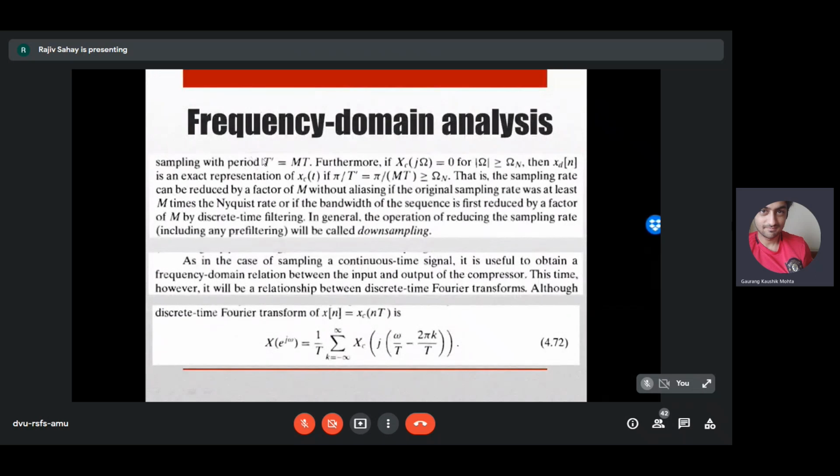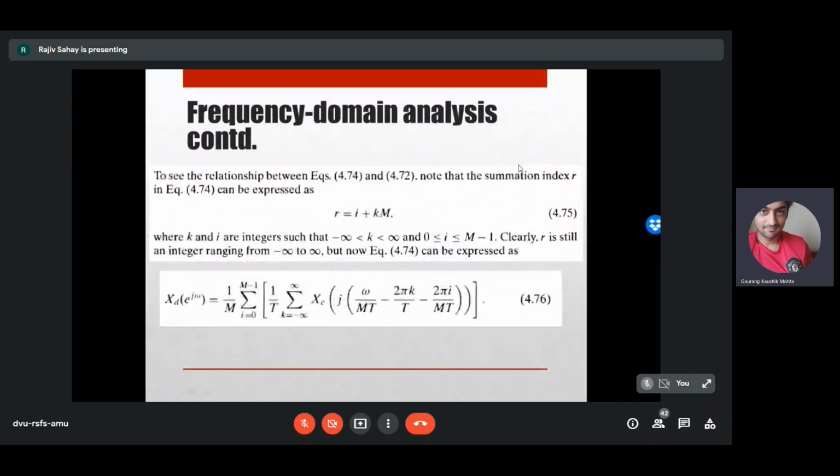So our new sampling time period is T' equal to M times T. We are now moving into the frequency domain analysis. We have understood in the time domain what is happening in decimation or downsampling. In the frequency domain, what happens? Suppose we have taken a band limited signal, Xc(jΩ) equal to 0 for |Ω| greater than or equal to Ωn. That is, our Xc(jΩ) looks like this.